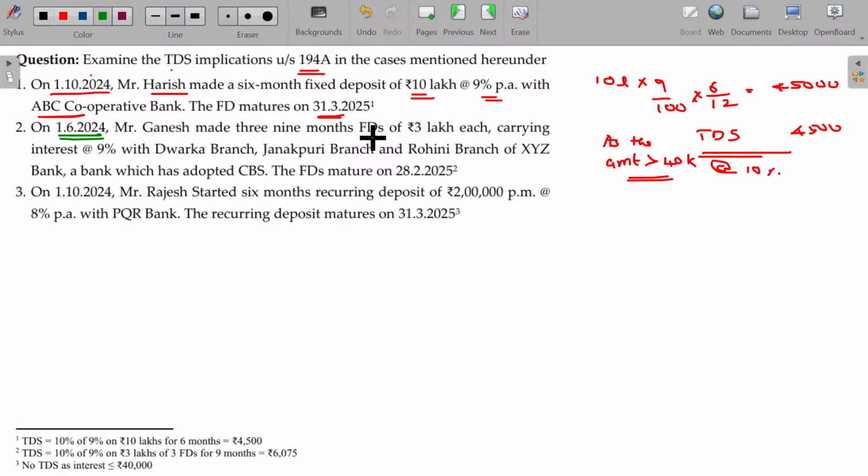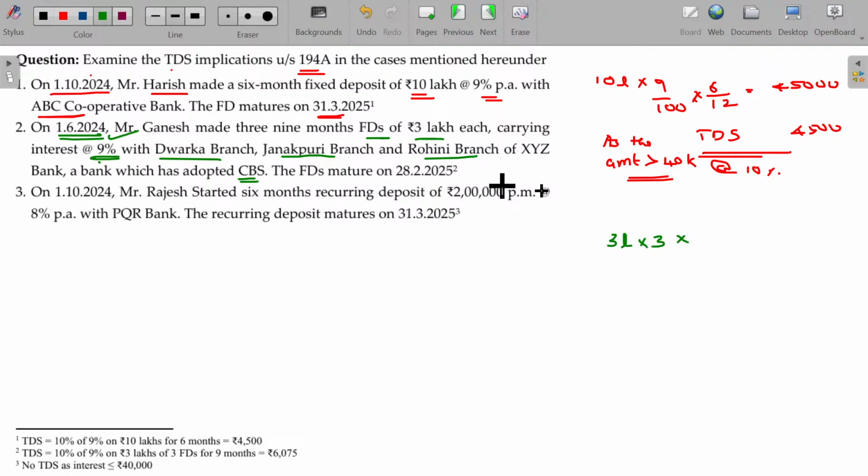1.6.24, Mr. Ganesh made 3 9-month FDs of 3 lakhs each, carrying interest at the rate of 9% with the Dwarka branch, Janakpuri branch, and Rohini branch. The bank has adopted CBS, core banking system. Then you have to club all this value, 3 lakhs.